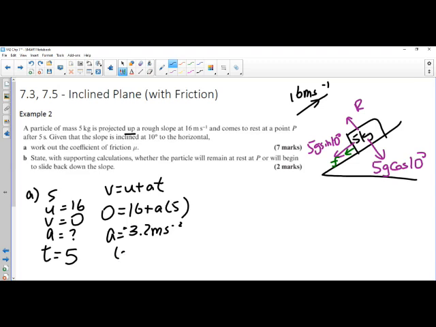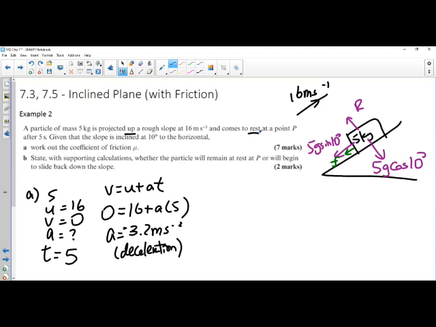Sorry, it should be negative, yes, because we bring it 5. That means it's a deceleration, which makes sense: the block is moving up and there's friction, it comes to rest. We start from 16 and come to rest, so we're slowing down second by second.